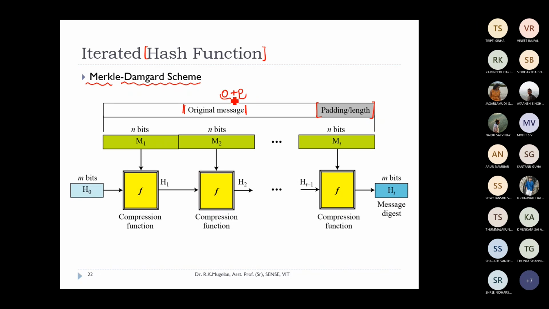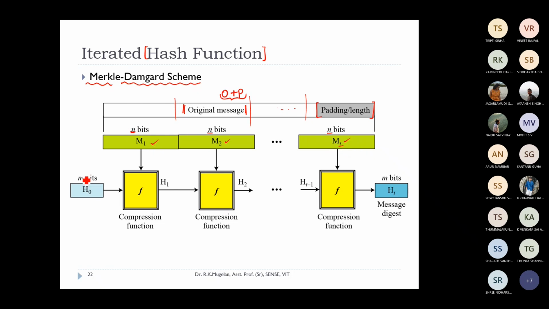The next step is to divide it into multiple blocks of fixed length. In this case, I'm grouping them into n bits, and dividing the entire thing into multiple blocks of n bits each, from M1, M2 up to MT.